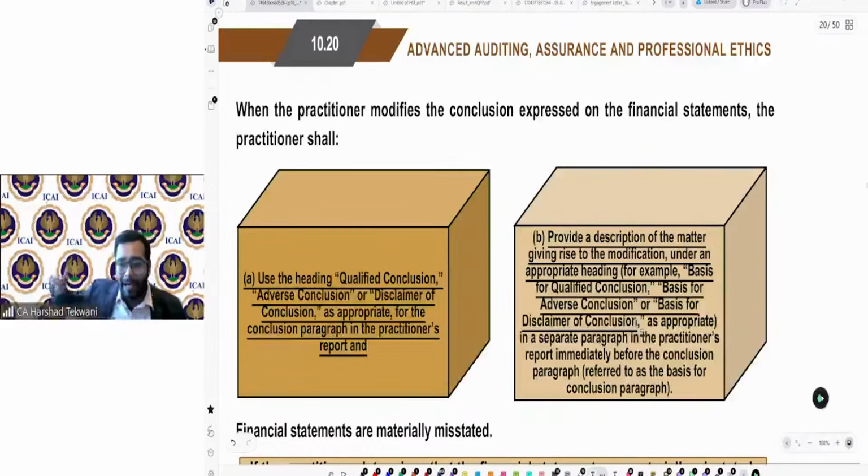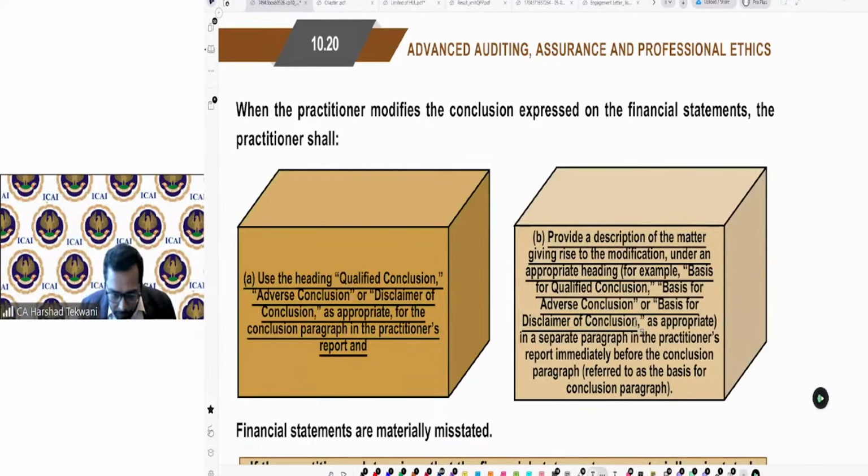Now you might be seeing that is not there in that particular report. We did not see a heading. The reason is that is SRE 2410, not SRE 2400. I'm just showing you an example that is much related to SRE 2400, but that is 2410. So there is some difference. We'll talk about the difference in a while.